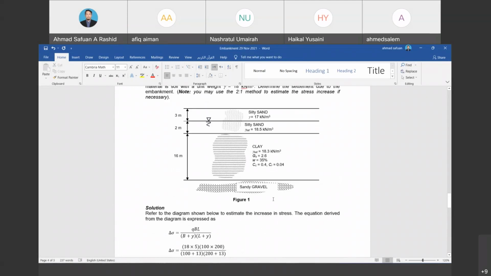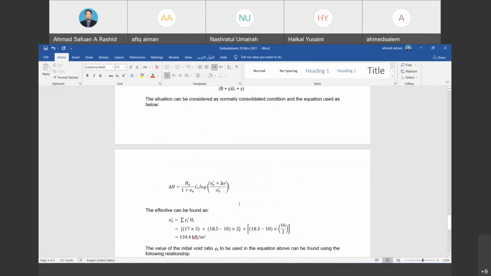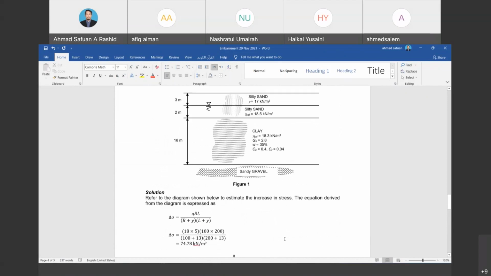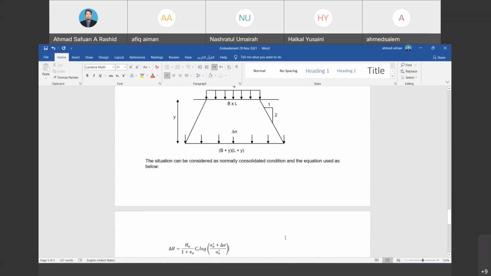The e naught we may calculate from the Gs and the water content. Then we have Cc there, so we may use the 0.4 for Cc.